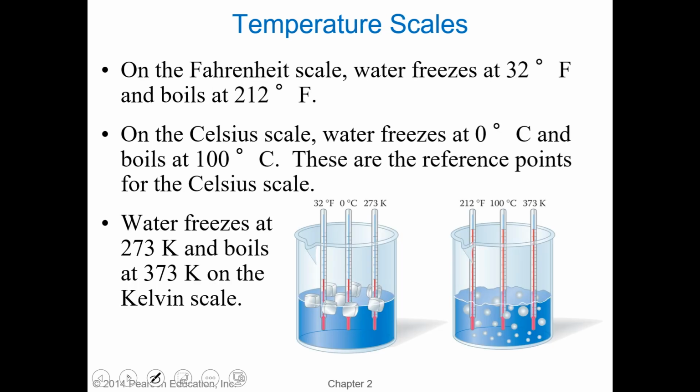Now, when we talk about temperature, we're talking about degrees of hot or cold. I will read this. 212 degrees Fahrenheit, 100 degrees Celsius. For Kelvin, I drop the word degrees and I just say Kelvin, 273 Kelvin, because it is the absolute scale.